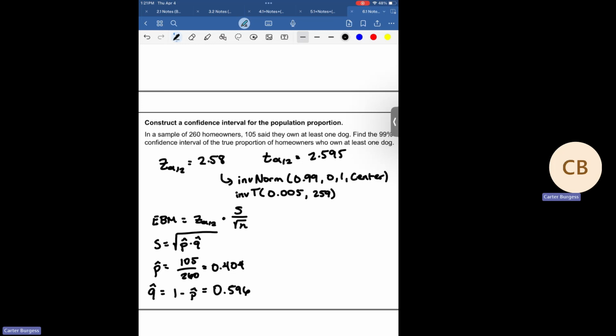Either way, they're totally fine. Fantastic. So we have everything that we need. So this is going to be 2.58 times our S, which is the square root of 0.404 times 0.596, divided by the square root of 260.